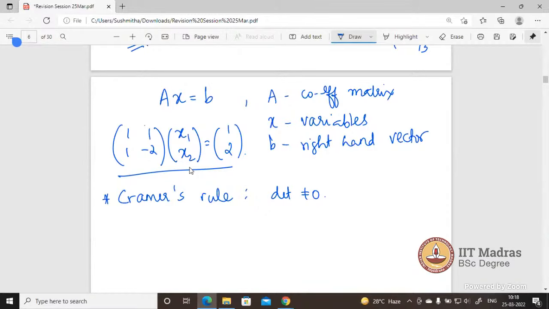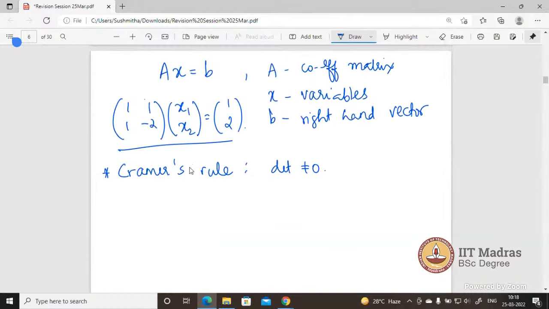And the determinant of the coefficient matrix should be non-zero. The coefficient matrix should be invertible. If this happens, then how will I find the solution? xi is going to be the determinant of Axi by the determinant of A.